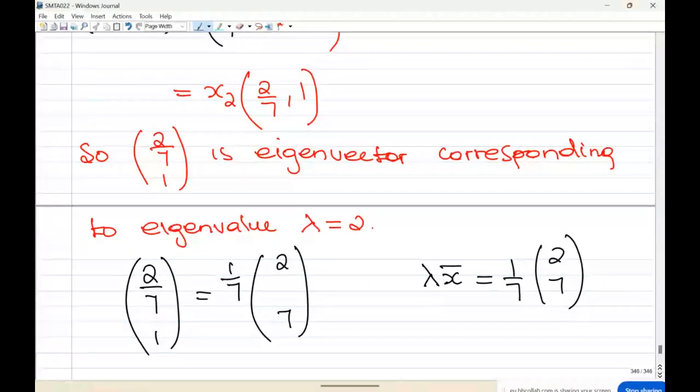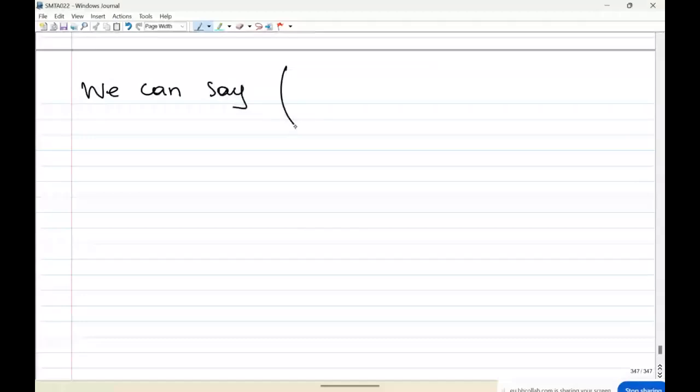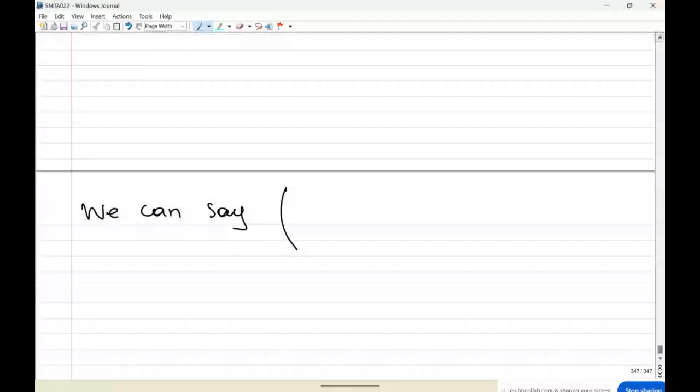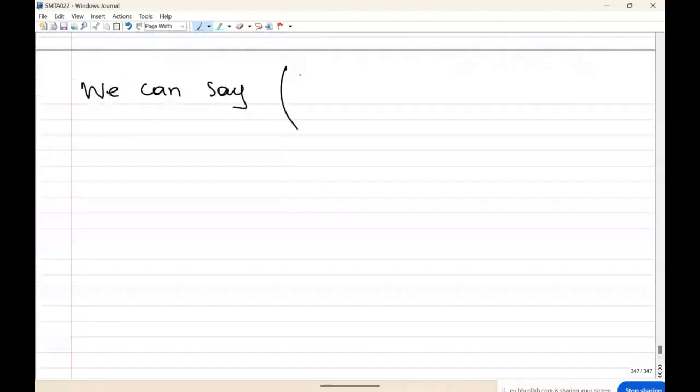So now let's check something. From this, you can agree with me if I say we can say 2 and 7 is the eigenvector.